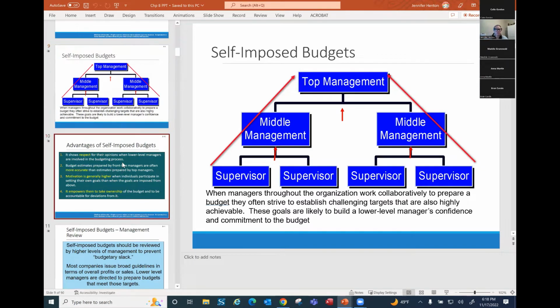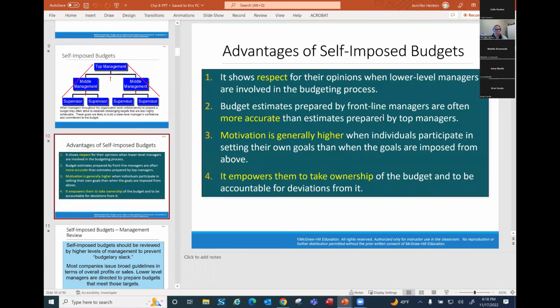There are some advantages to that self-imposed budget, which is what we were talking about with all those people participating in the process. First, it shows respect for the opinions of the lower level manager. Usually those lower level managers are the ones dealing with the day-to-day operations, and they have really good input.